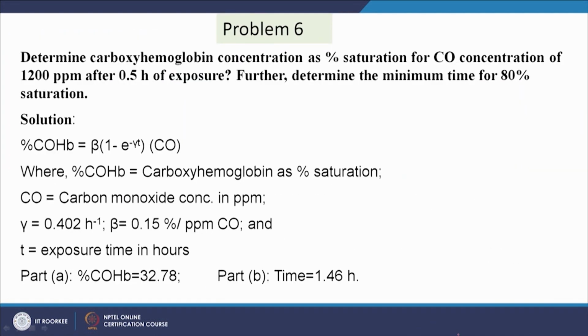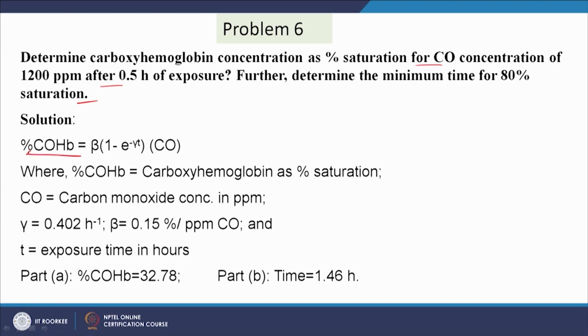Now problem number 6: determine the carboxyhemoglobin concentration as percentage saturation for a carbon monoxide concentration of 1200 ppm after 0.5 hour of exposure. Further, determine the minimum time for 80% saturation. We know an empirical relationship to find the concentration of carboxyhemoglobin in the blood.